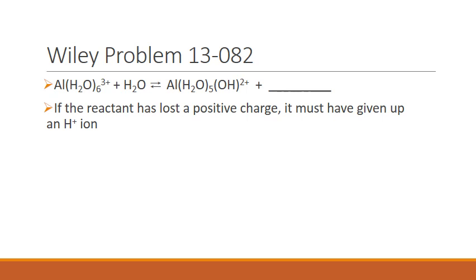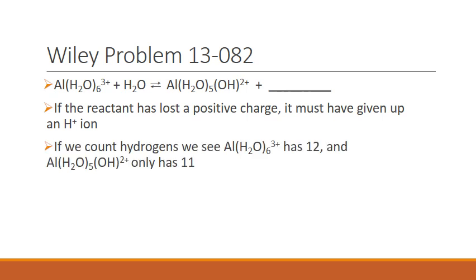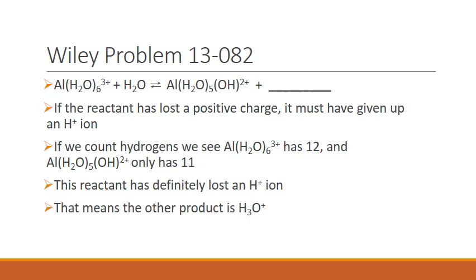If the reactant has lost a positive charge, it must have given up an H+ ion. We counted the hydrogens. We go from 12 to 11, so it's definitely lost an H+ ion. Our other product is hydronium. We saw that. And so there is our reaction.